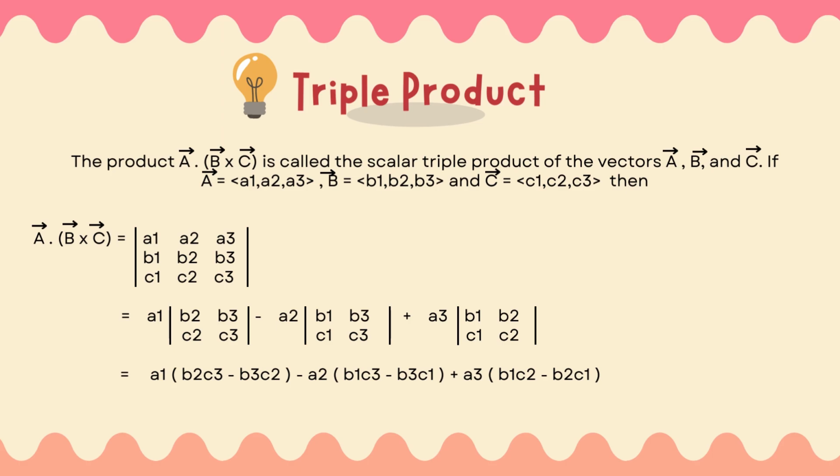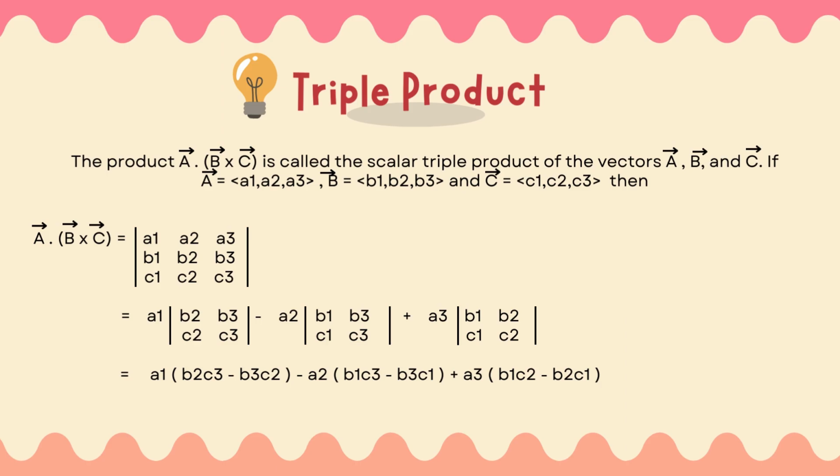If vector A equal to A1, A2, A3, vector B equal to B1, B2, B3, and vector C equal to C1, C2, C3, then vector A dot vector B cross vector C equals the determinant of A1, A2, A3, B1, B2, B3, and C1, C2, C3.